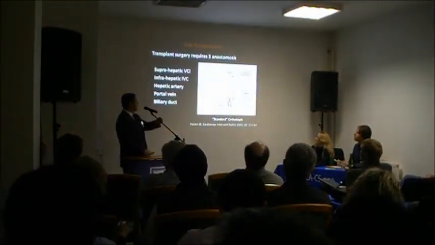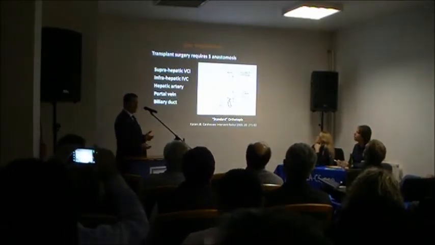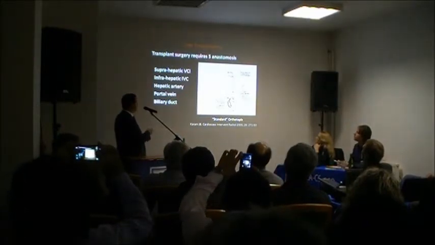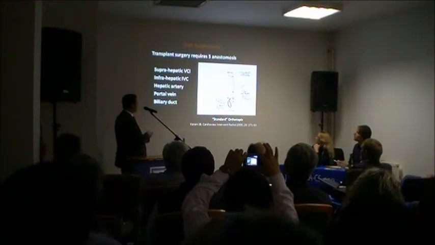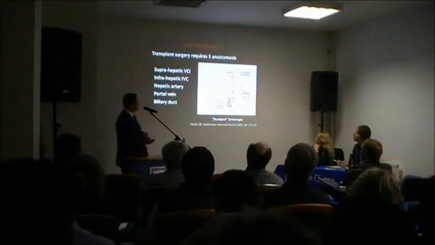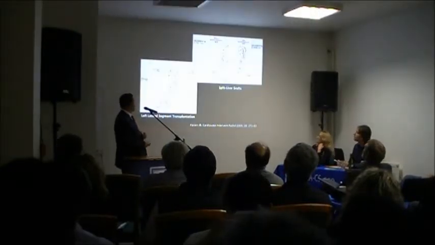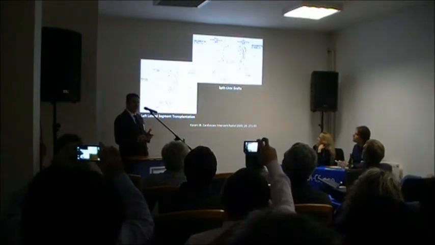Okay, so usually with the whole liver, the surgery requires 5 anastomoses. These are 2 related to the inferior vena cava, 1 for the hepatic artery, 1 for the portal vein, and 1 for the biliary ducts. But particularly, this figure represents very well what happens with these split livers.